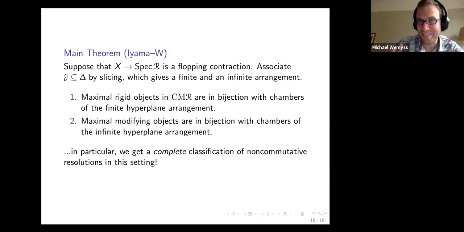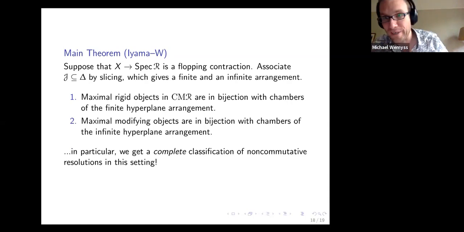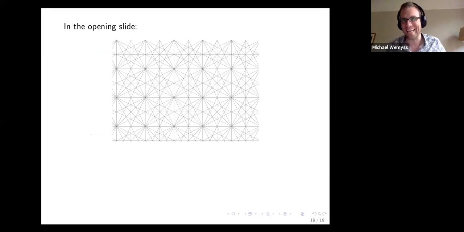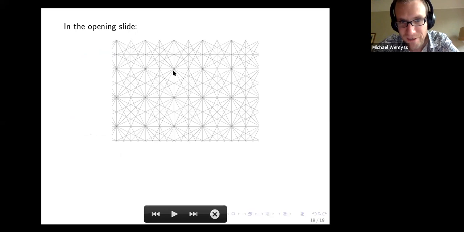I want to visually try to explain this theorem to you on my last slide, and this links to my first slides, and then I'm done. In the opening slides, I had the following hyperplane arrangement. The main theorem there tells you that the chambers of this arrangement are in bijection with something. The chambers here are just the triangles, the regions between the lines.